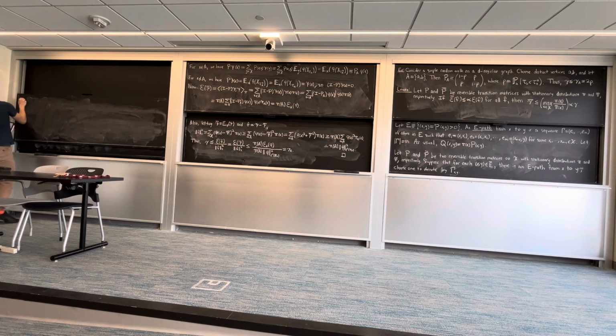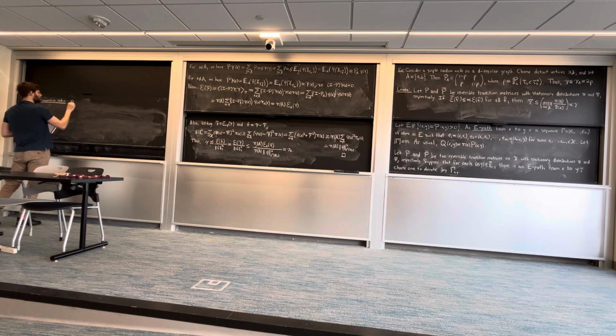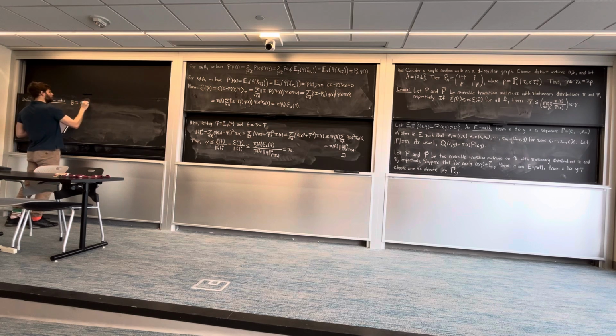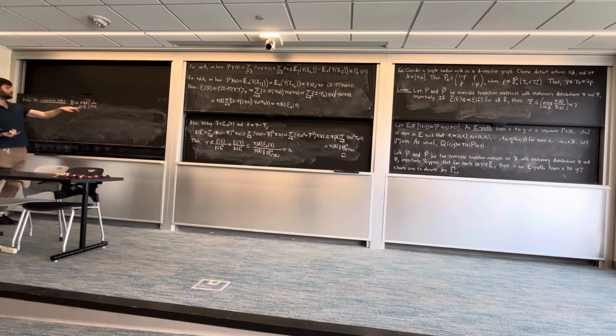Okay, so then we're going to define the congestion ratio B. So B is going to be the max over all edges E of 1 over Q of E. By Q of E, I mean E is some x comma y, so it's this Q of x, y from before.